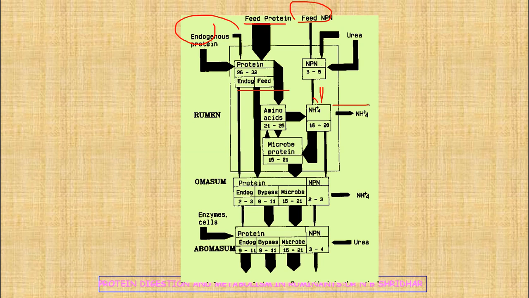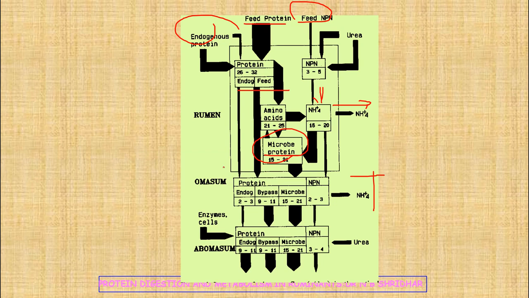The ammonia is circulated into the blood, enters the liver and is converted to urea, and some part is utilized by the ruminant microflora to produce their own protein, which is also called microbial protein.